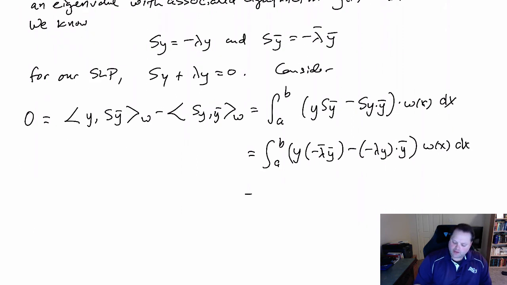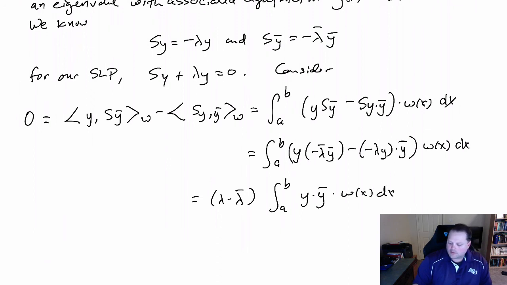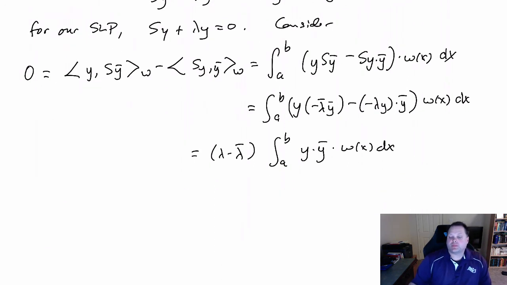Then what you can immediately see is we have y bar in both terms, and you have lambda minus lambda bar, which can be factored out because they're just constants. So it reduces to this.